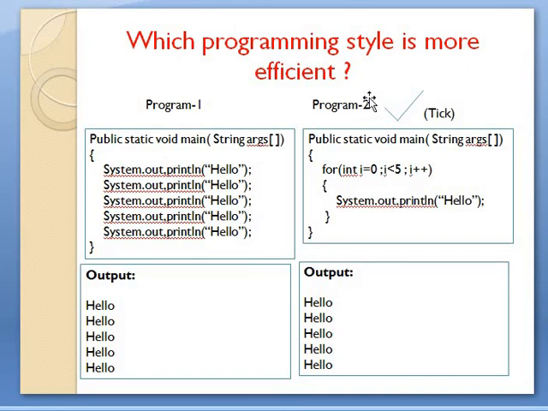So it's best to opt for the second program where we just have to modify the satisfying condition. The satisfying condition can be modified to i less than 1000 in place of i less than 5. And on doing that, the statement to print the word hello can be written just once. But in the output, the word hello will be displayed 1000 times.